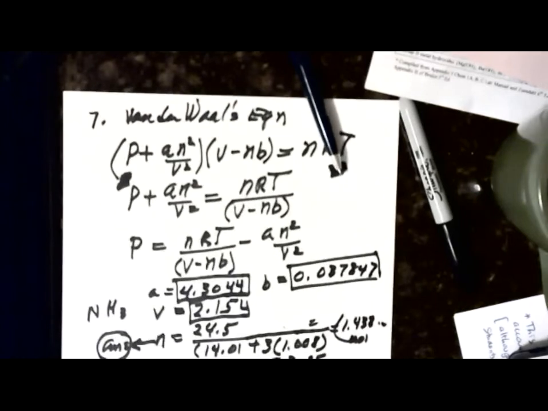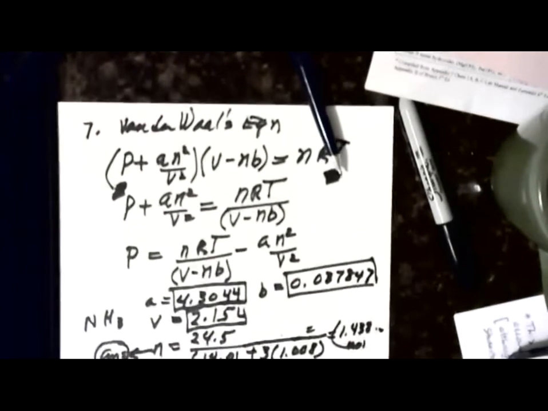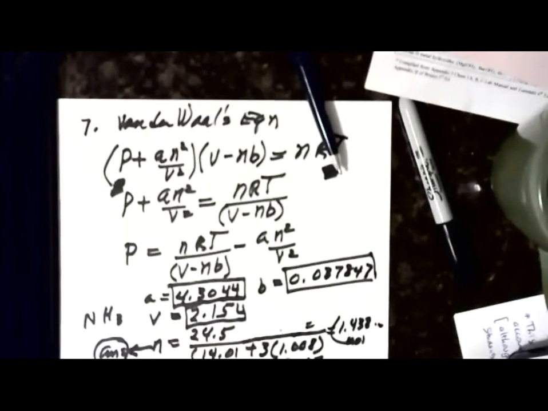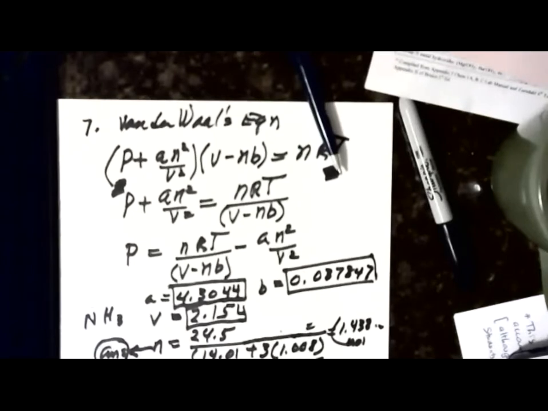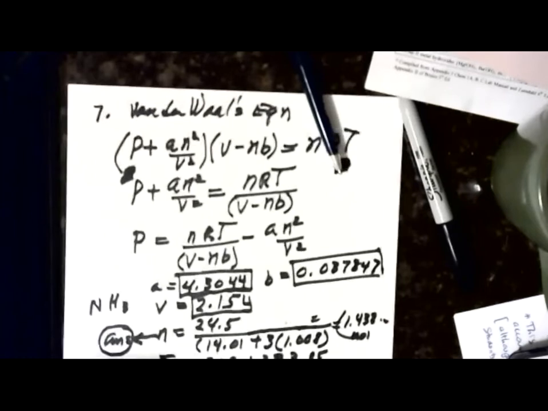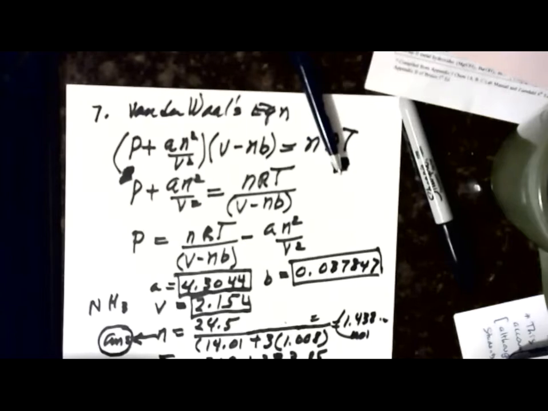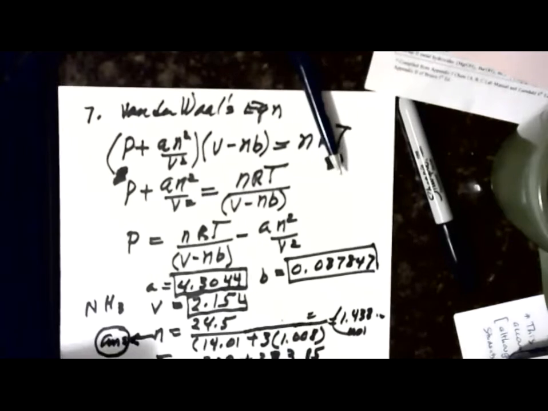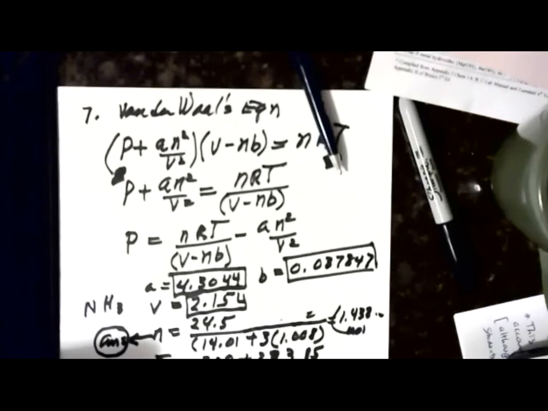Now we need a conversion factor, and there's 101.3 kPa per atmosphere, kilopascals. And so I take this answer and I multiply it by 101.3. And now that gives me the number of kilopascals. So I've got 3076.529 kPa.